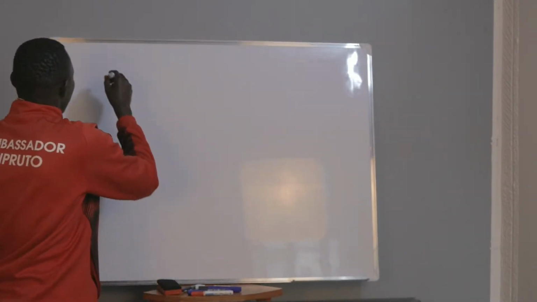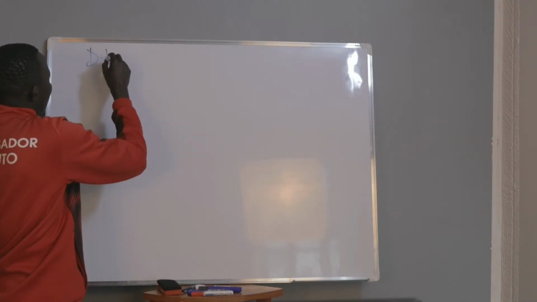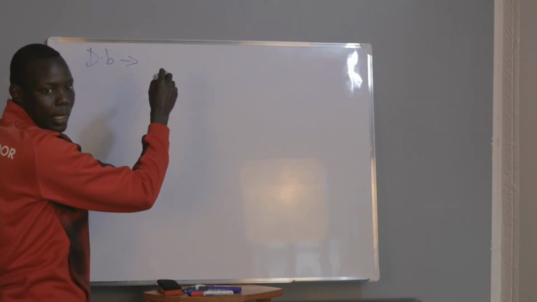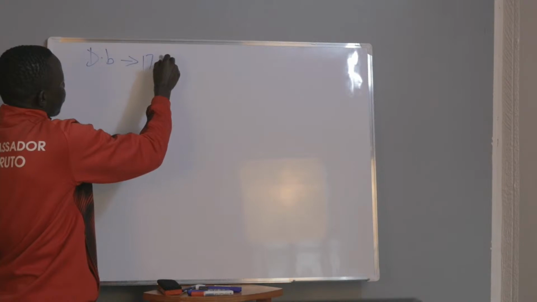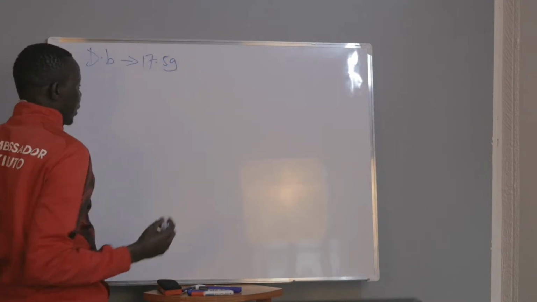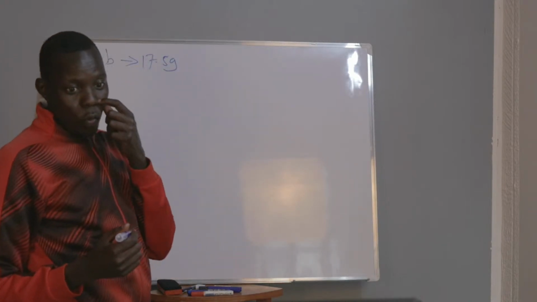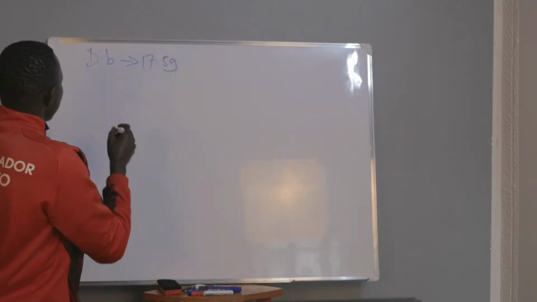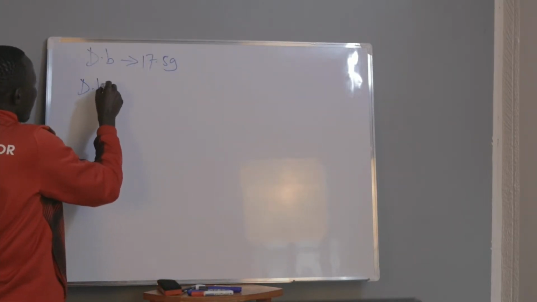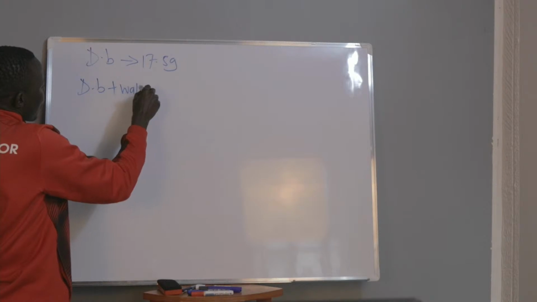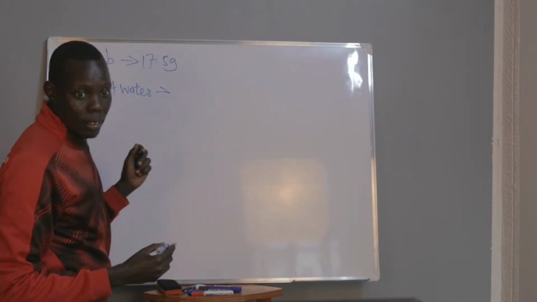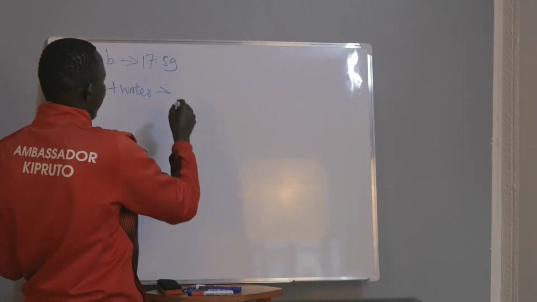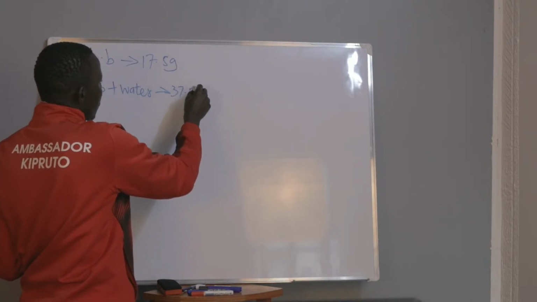A density bottle has a mass of 17.5 grams when empty. When full of water, its mass is 27.5 grams. So density bottle plus water gives us 27.5 grams.